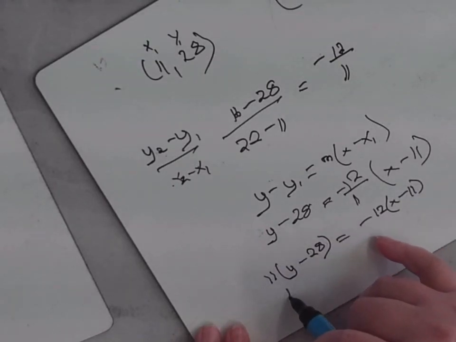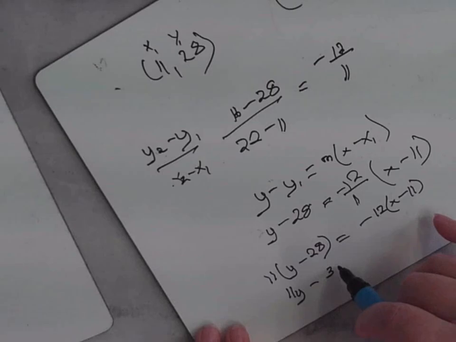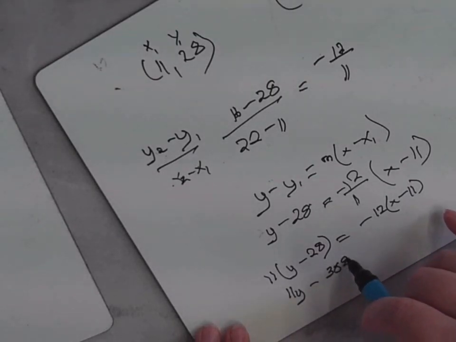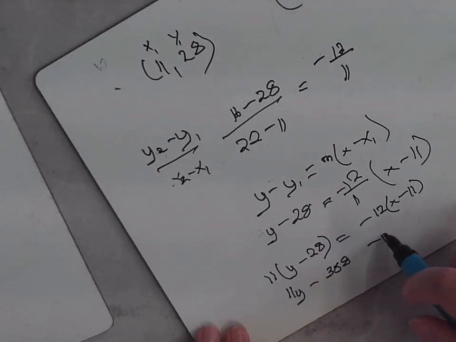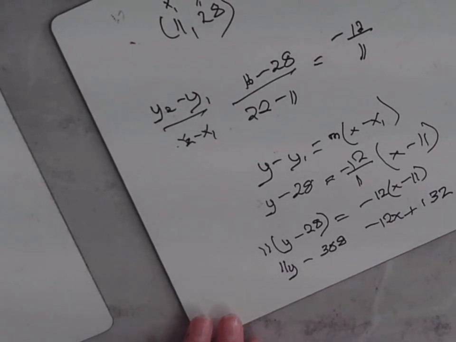Okay, so that would be 11y minus 308 equals minus 12x plus 132. Is that right?